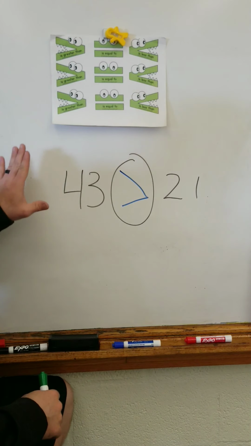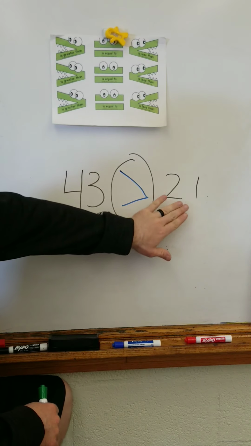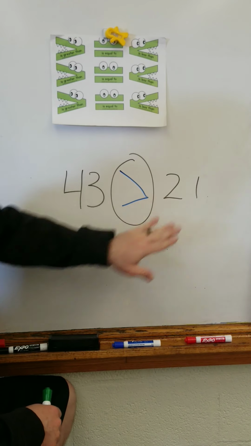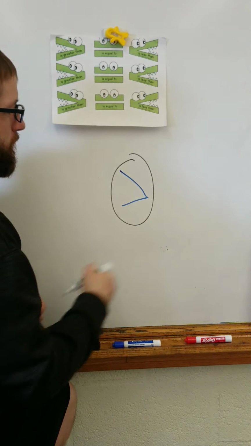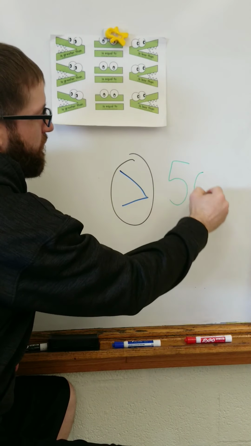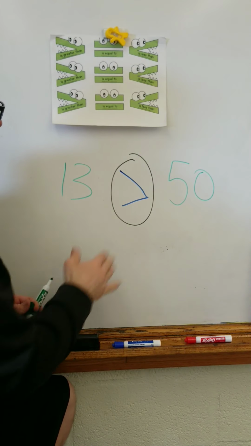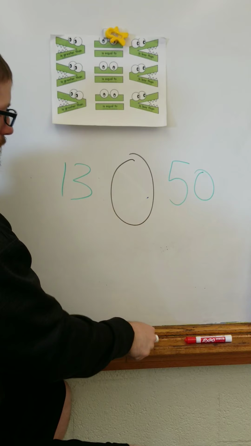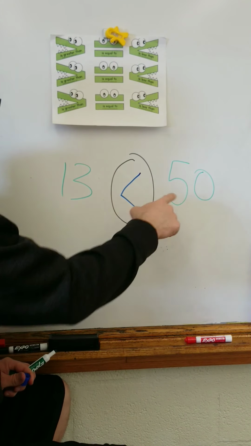So you can have inequalities that are greater than or less than. Maybe the bigger number's on this side. If that was the case, let's say it's 50 and 13. We would flip our inequality around and it would be 13 is less than 50.